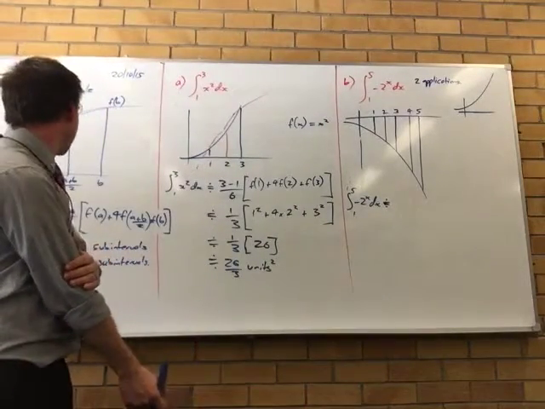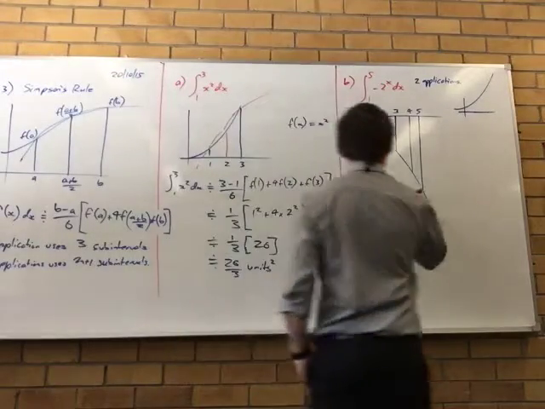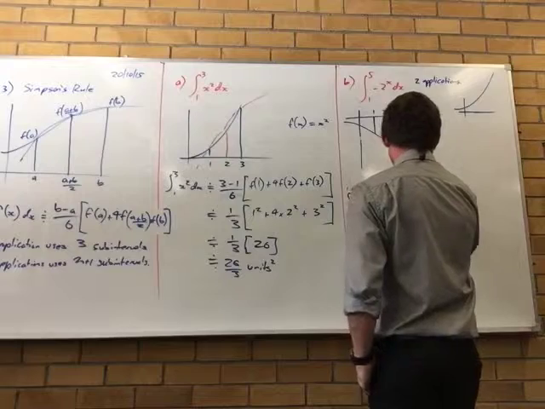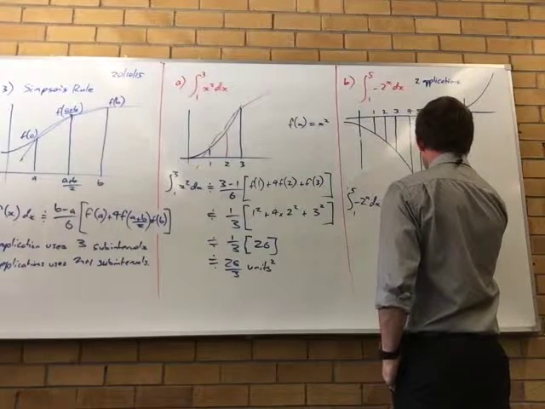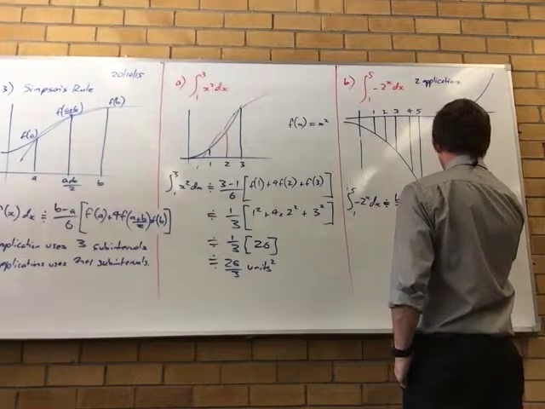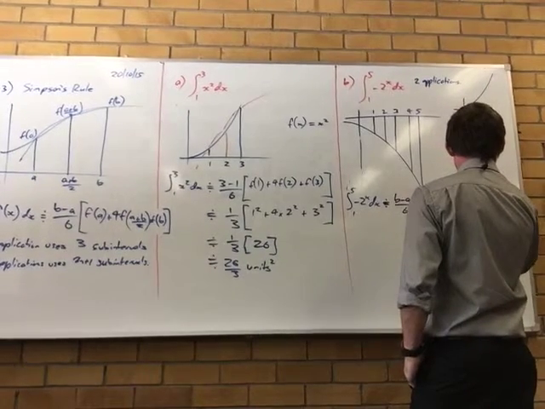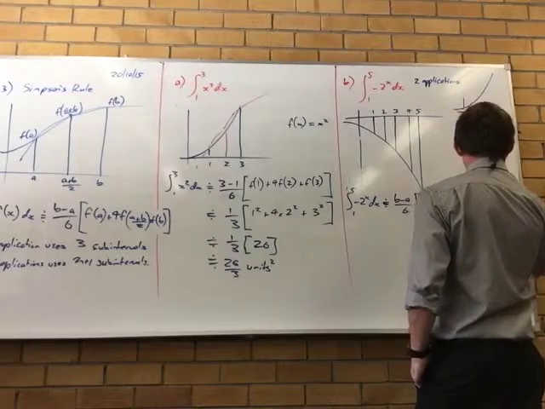Okay, so that is equal to b take away a over 6, so write down your formula so that you learn it. f of a plus 4 times f of the midpoint plus f of b.